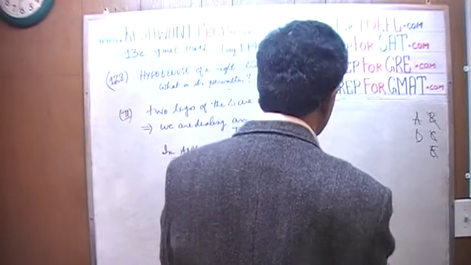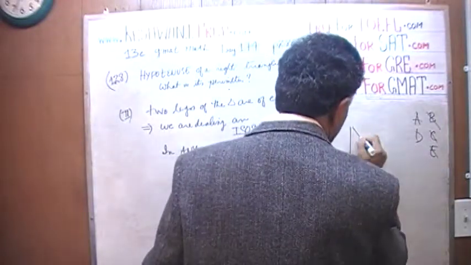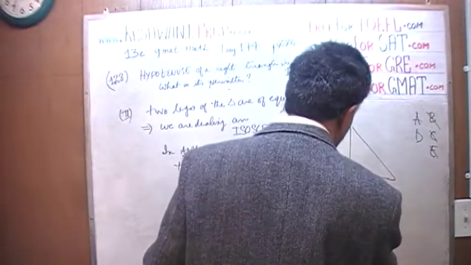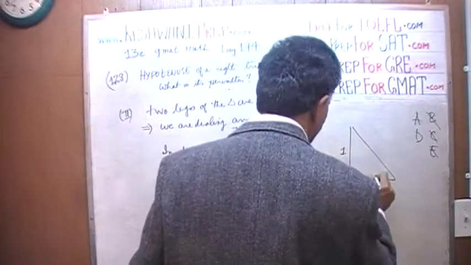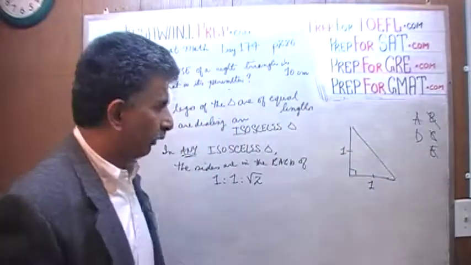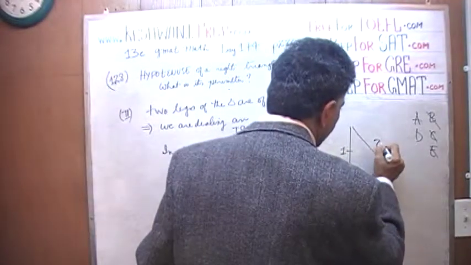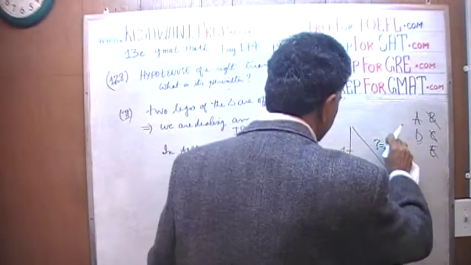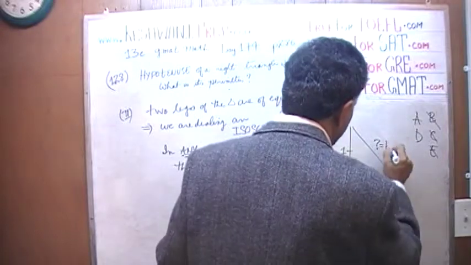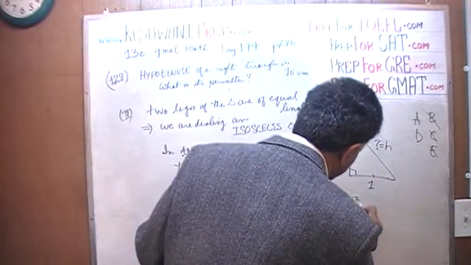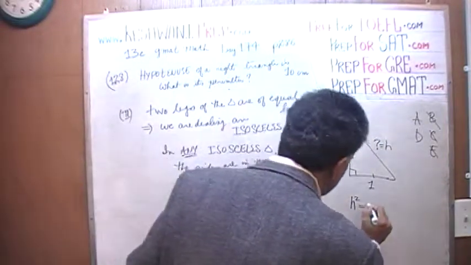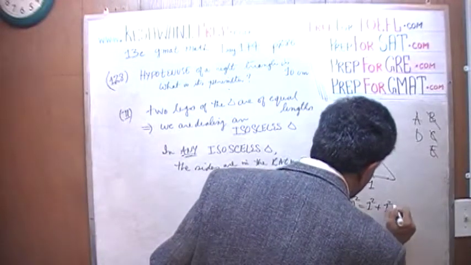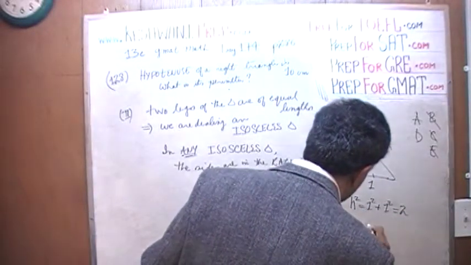Oh, very simple reason. If it's an isosceles triangle and if this side is 1 and this side is 1, these two sides are equal, then what will be the hypotenuse? Let's call it h for the hypotenuse, because we used x before. h squared would be 1 squared plus 1 squared, which is 2, and therefore h will be root 2.